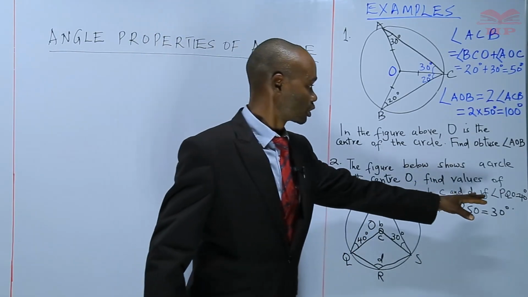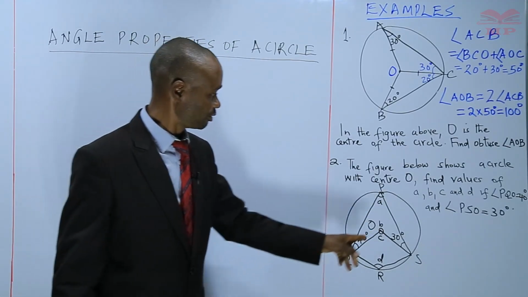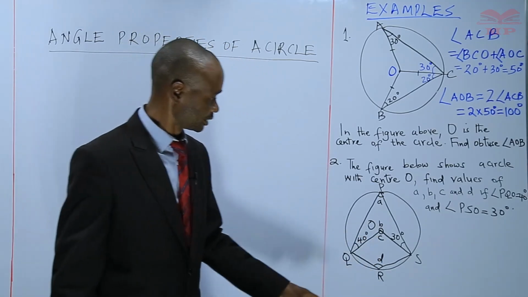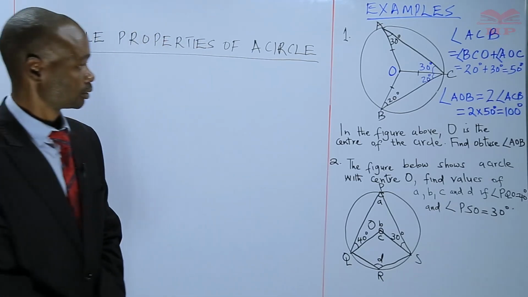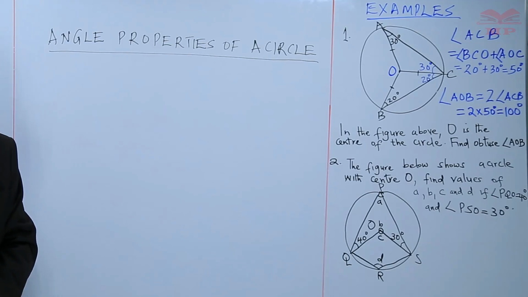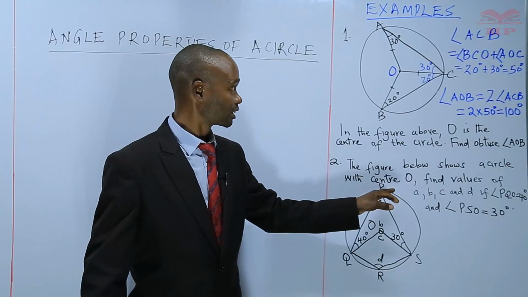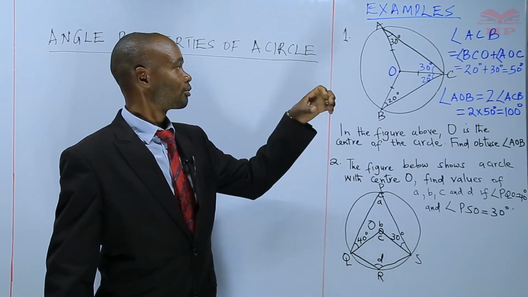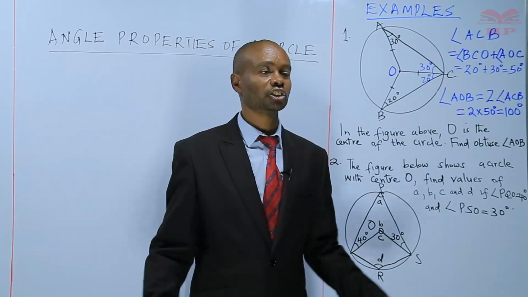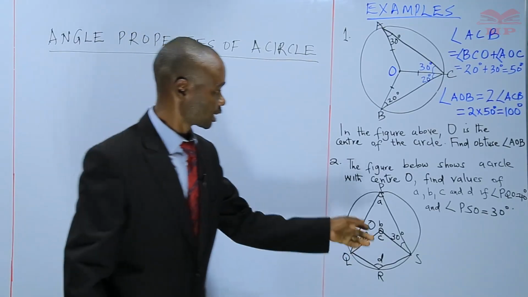Find the values of angles A, B, C, and D. If you look at the second question, it's slightly related to the first one. We have those two concepts, the angle at the center and the angle at the circumference. And you should also know properties of an isosceles triangle, which I think you learned earlier, even in primary school.